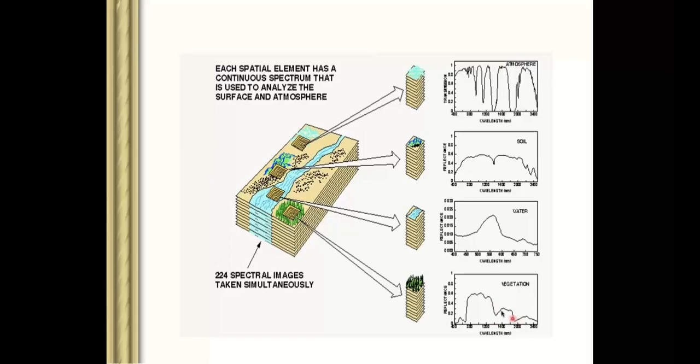That's why we always try to find these absorption bands, because whenever you try to build a new model for any parameter, whether biophysical, biochemical, or for minerals, you need to identify the particular absorption bands. When you have a particular absorption band, then you can quantify those things.